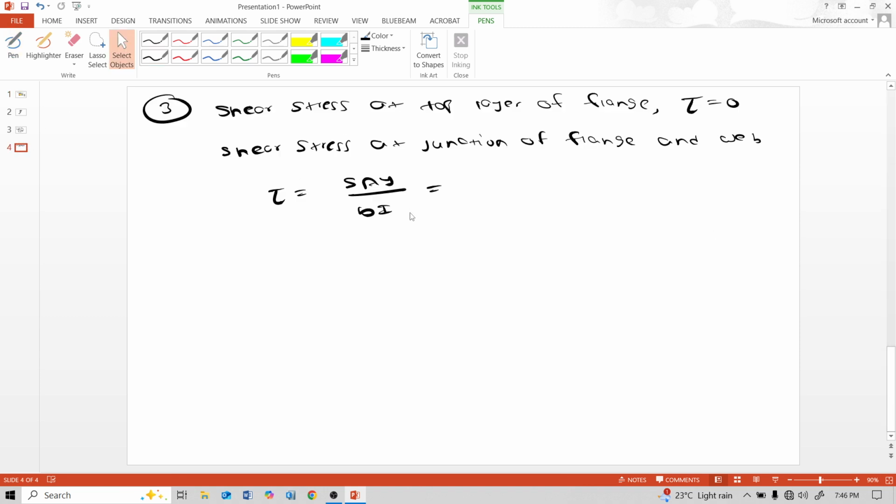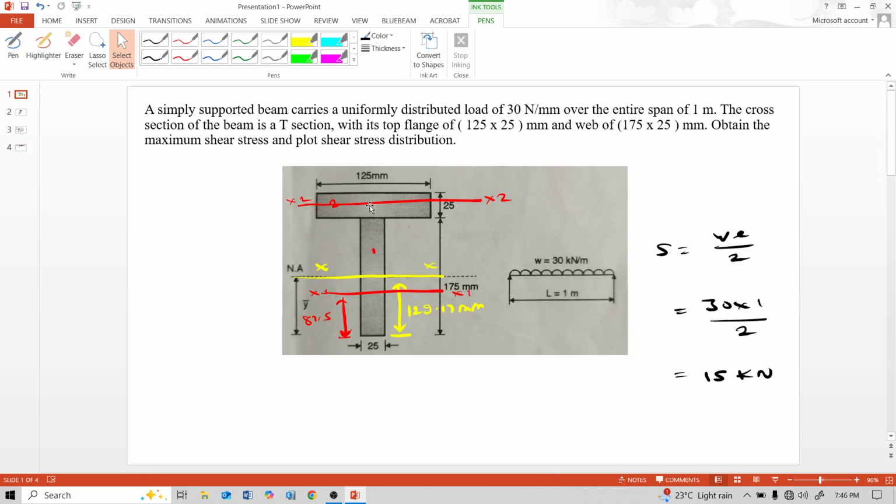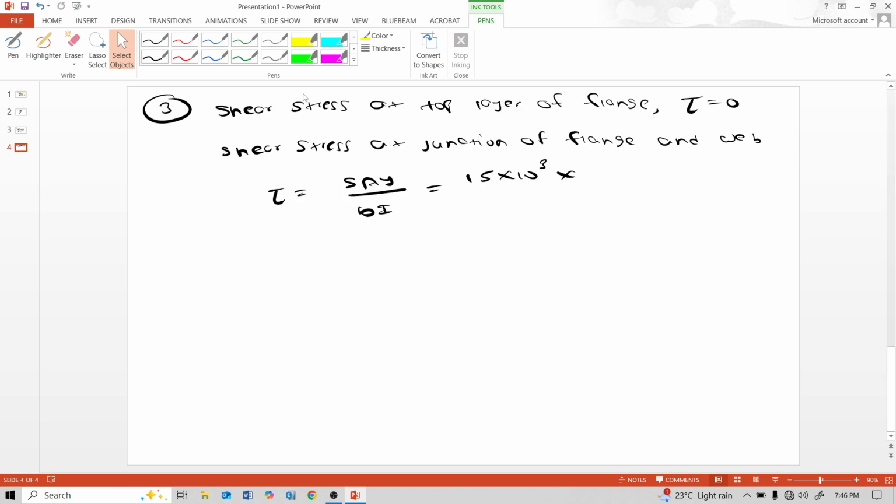In tau equal to S A y upon B I, we put S in Newton, that means 15 into 10 raised to 3 Newton, multiplied by the area. The area of the flange portion is 125 multiplied by 25, because this is the junction of web and flange, and above the junction the area of the flange is 125 multiplied by 25.